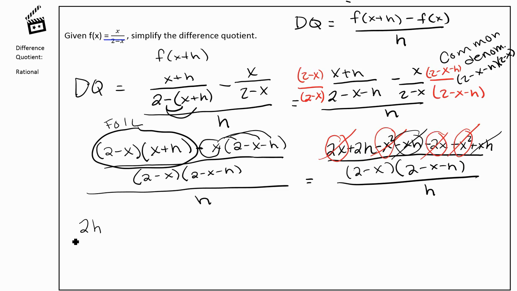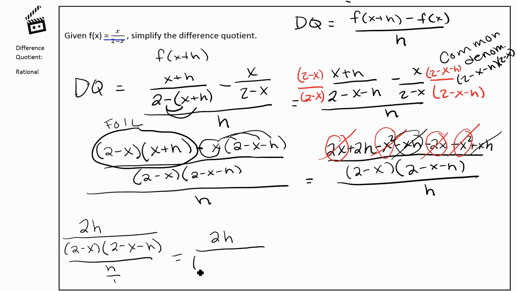Much, much simpler. Now the bottom here is 2 minus x times 2 minus x minus h, all over h. And you can think of that h like h over 1. And what do we do when we divide by fractions? We multiply by the reciprocal. So we're going to leave the top, 2h over 2 minus x times 2 minus x minus h, and we're going to multiply by the reciprocal of the bottom.